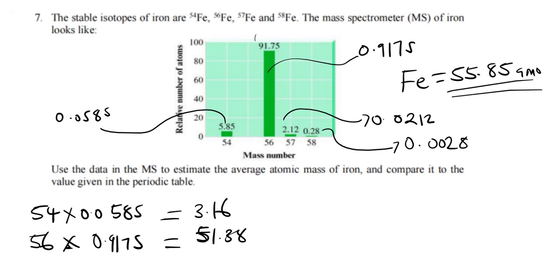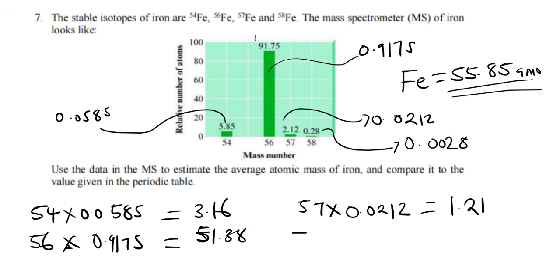Okay. Then we come to the last two. We've got ion 57. This is multiplied by what did we find as a percentage for 57? That is 0.0212. So when we multiply 57 by 0.0212, I'm getting 1.21.